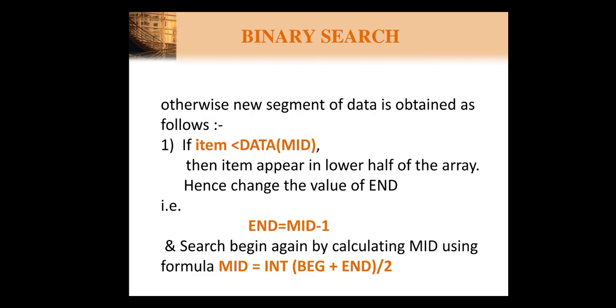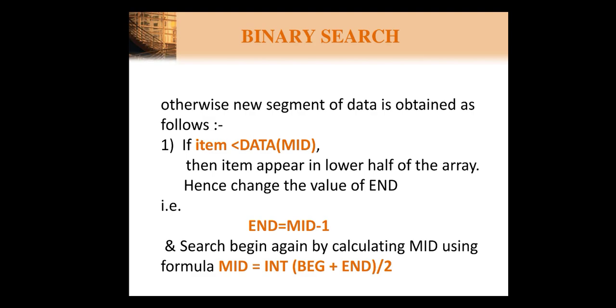So we need to change the end position. How do we change it? Before this, in the first step, we said beginning is equal to 0 and end is equal to the last position of our array, that is our whole array. Then we divide that array into two parts by calculating the mid. After that, if our atom is not equal to mid, we check whether atom is smaller than mid.